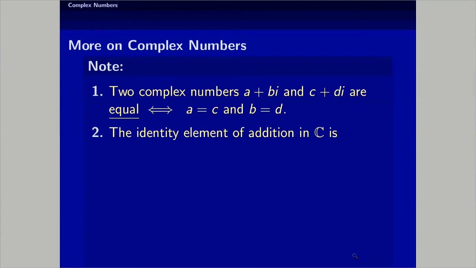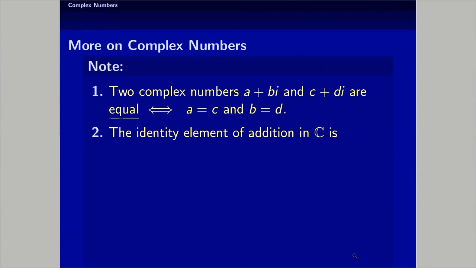Okay? Ito yung number na i-add mo to any given complex number, tapos ang magiging sagot is the complex number itself. Okay? So, you're given a complex number, ano yung i-add mo dun sa given complex number, tapos ang sagot, the complex number itself.